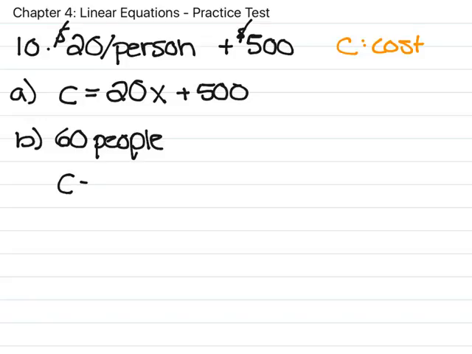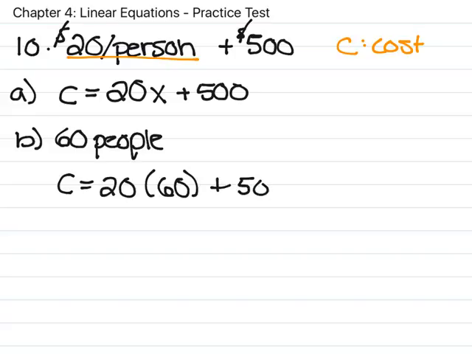So cost will equal 20, and then it's $20 per person, so it's going to be 20 times 60 people plus the $500 fee for renting the place. So this will be $1,700.